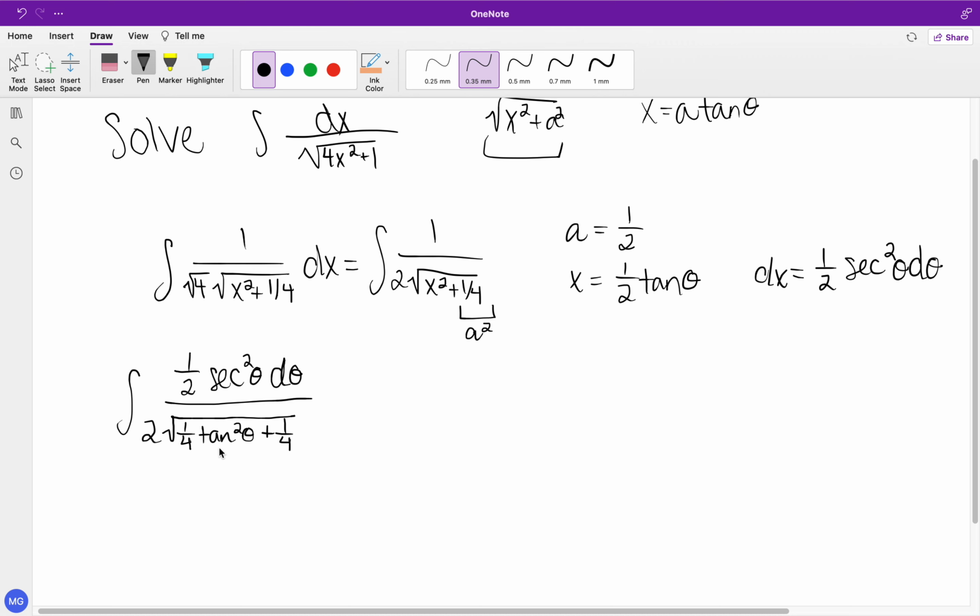From here, we can factor out a 1/4 from both of these terms.